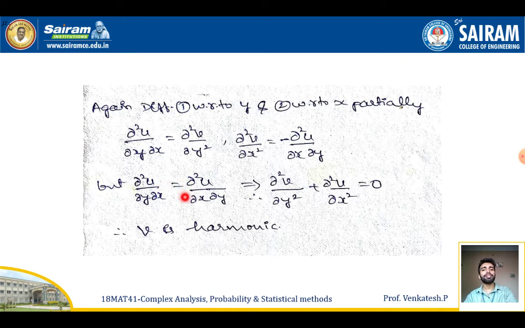Since these two are the same, again I can equate these two equations. I get dou square v by dou y square is equal to minus dou square v by dou x square. So dou square v by dou x square plus dou square v by dou y square is equal to 0. Hence I can conclude that v is a harmonic function.